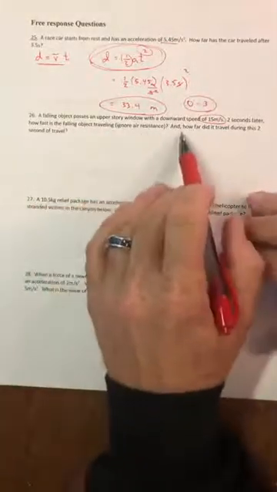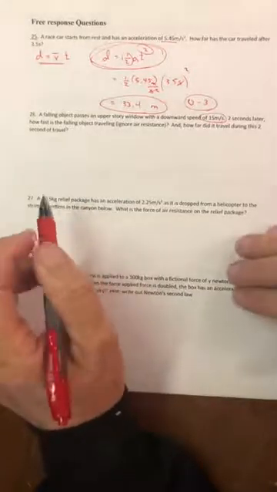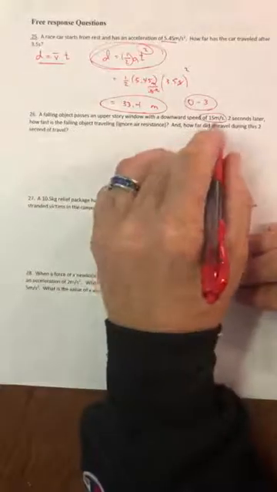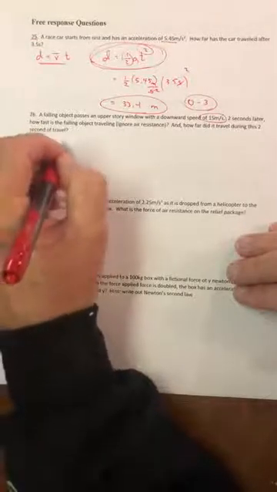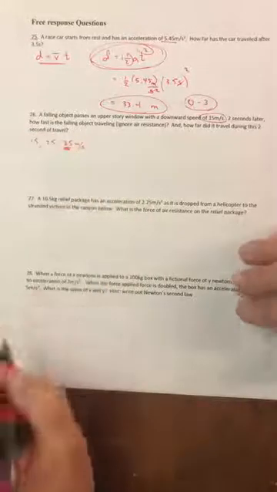Okay, so that's really kind of to help you with the bigger question, and then how far did it travel? So we know that it changes by roughly 10 every second. So if we start with 15, a second later, it's going to be going 25, and a second after that, it's going 35 meters per second.